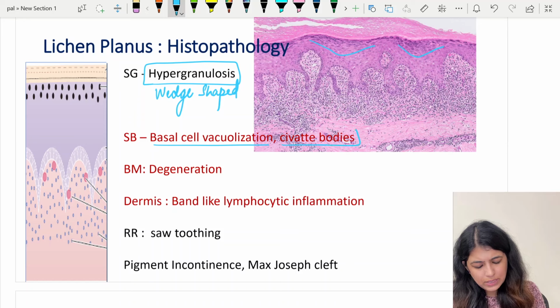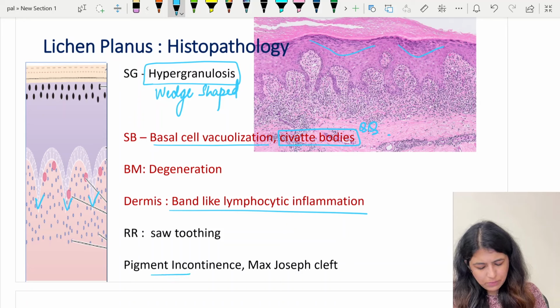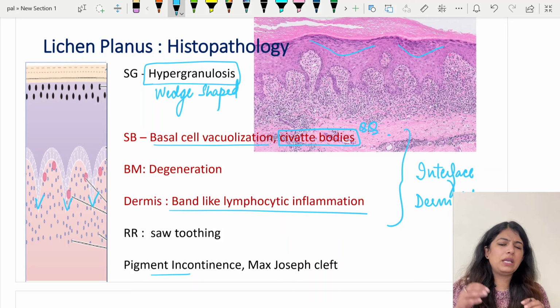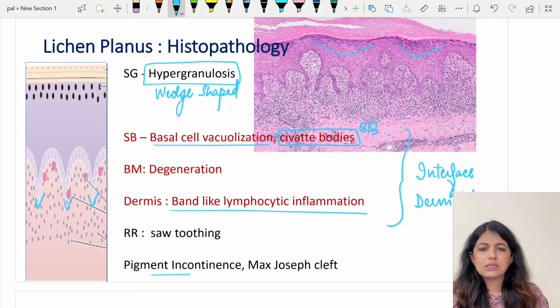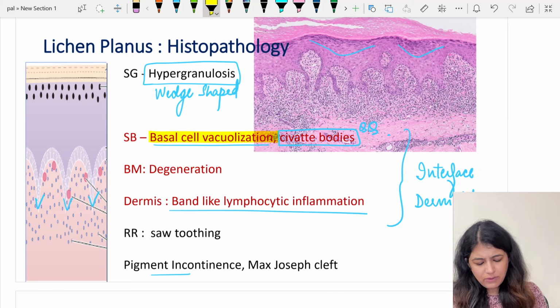The apoptotic keratinocytes are called civatte bodies. Then there is a band-like lymphocytic inflammation in the dermis. Rete ridges become pointed, which is called sawtoothing of the rete. There is pigment incontinence. Together, these findings are called interface dermatitis. So if you have to describe the histopath of LP in one word, the answer is interface dermatitis. Pathognomonic finding is basal cell vacuolization.